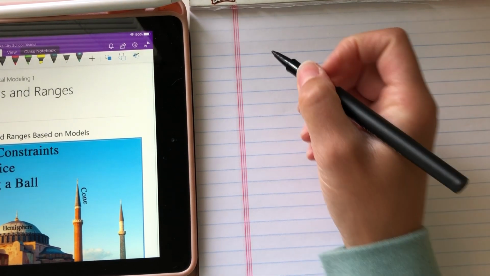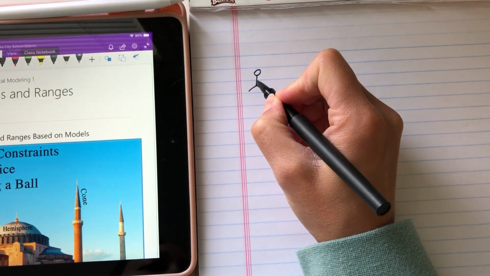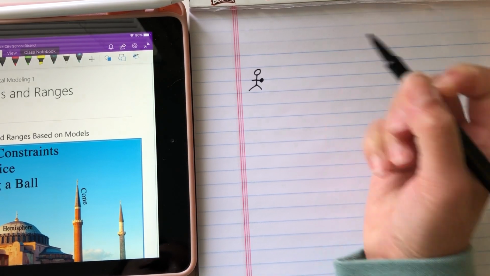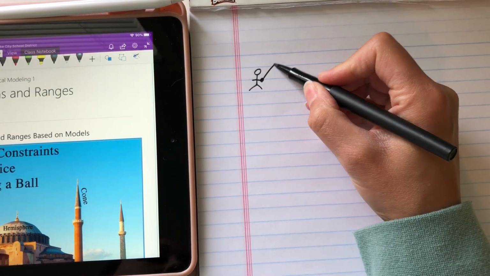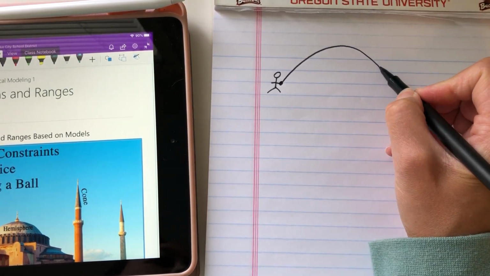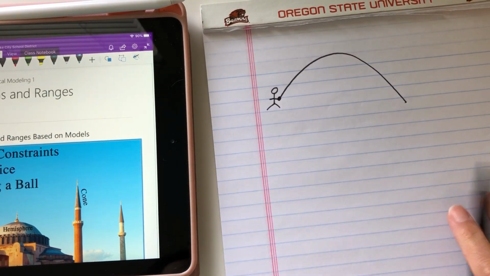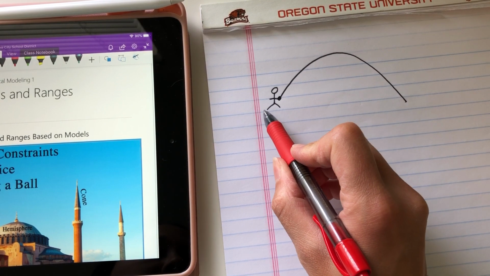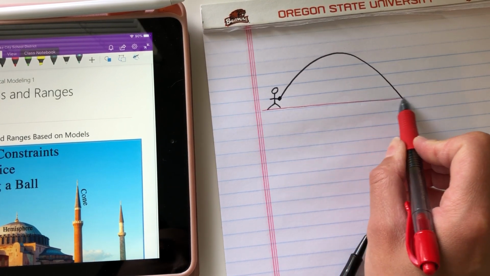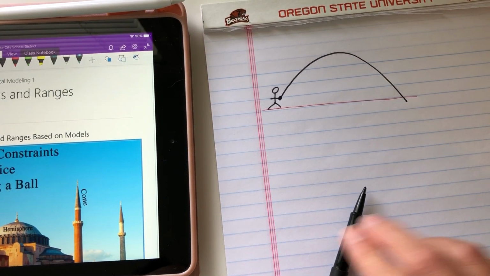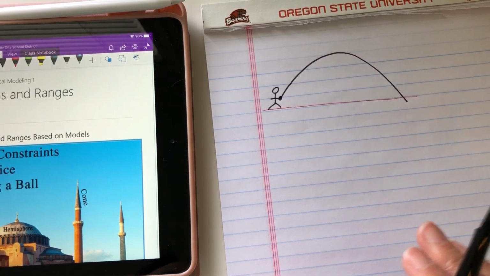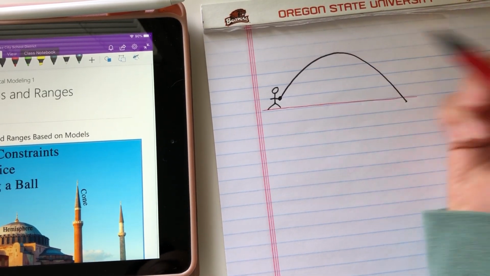Say you are standing here and you have a ball in your hand and you throw that ball up and then eventually it comes back down. Okay, so this is the ground that you're standing on, right about there. And this is where the ball starts. So the ball's starting right here being thrown.